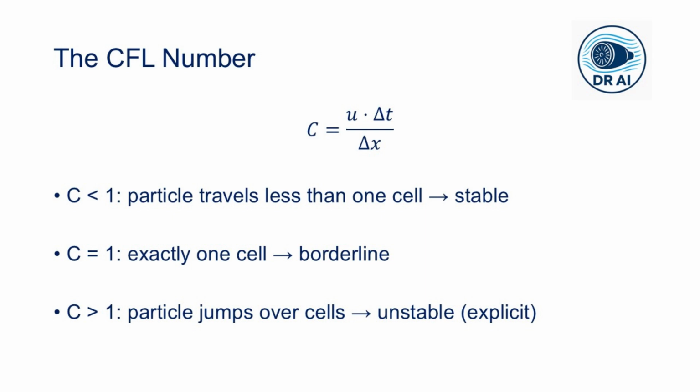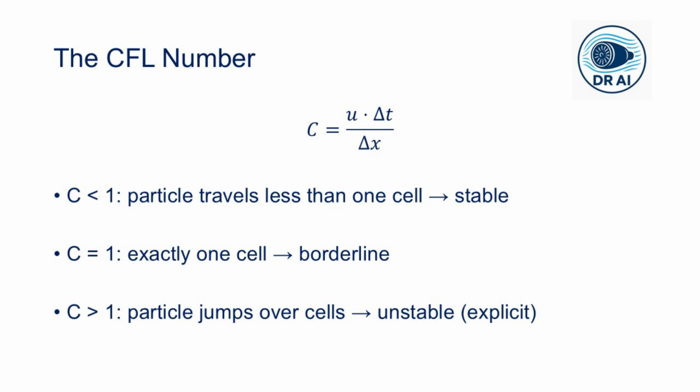So what does it mean physically? In one time step, a fluid particle travels a distance U times delta t. The mesh cell size is delta x. So if C is much less than 1, the particle travels less than one cell width. The solver can see it move across the cell, which means stable.